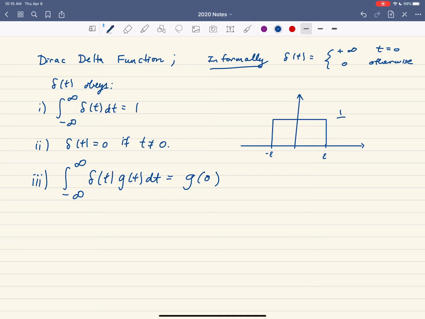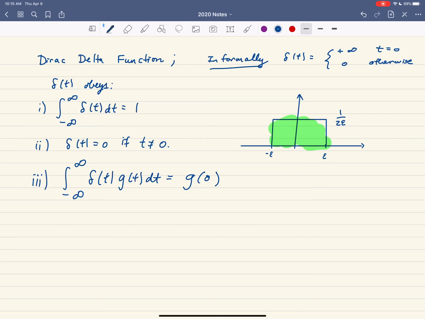So in our case, it's going to be 1 over 2 epsilon, because the distance from negative epsilon to epsilon is 2 epsilon. So the rectangle there is going to have area 1 if you scale this appropriately.